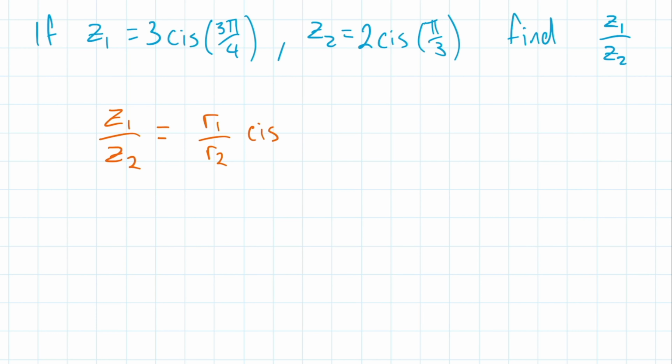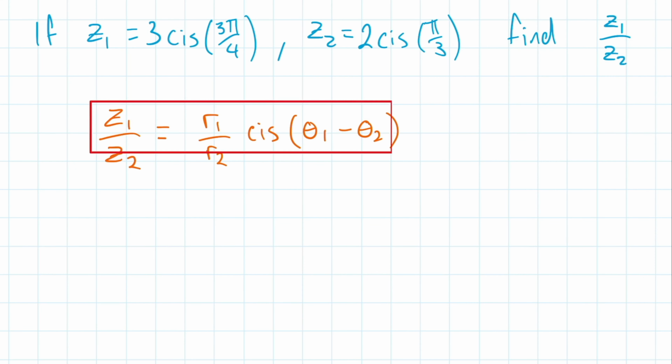My cis part is going to stay exactly the same, then it's going to become theta 1 minus theta 2 this time. Now bear in mind, because I have both division and subtraction, my order is important. Whatever complex number goes on top of my fraction, that is the same modulus that needs to go on top of my fraction. It also is going to be the angle that comes first, and then I'm going to subtract the angle on the bottom of my fraction.